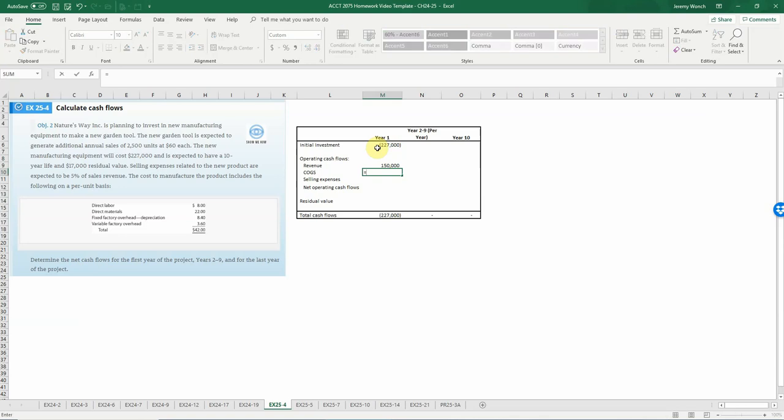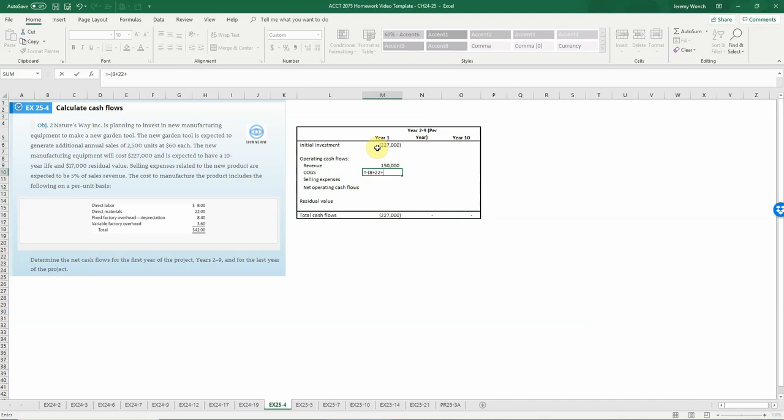Then the cost of goods sold is they're going to have $8 per unit of direct materials, direct labor, $22 of direct materials, and then it gives us two different kinds of overhead. We have fixed factory overhead and then variable factory overhead.